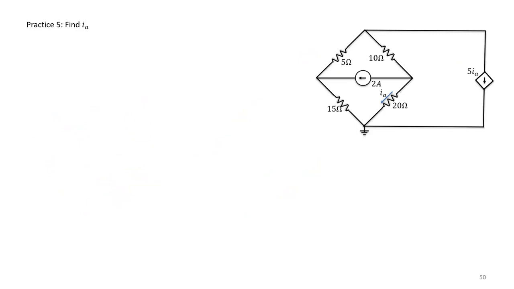I'm going to write my supermesh equation by walking around my circuit in the clockwise direction, using the convention that the voltage across a resistor in the direction I'm walking will be a negative value.